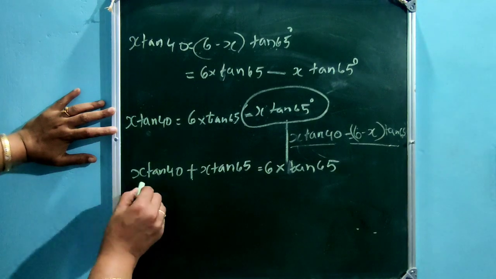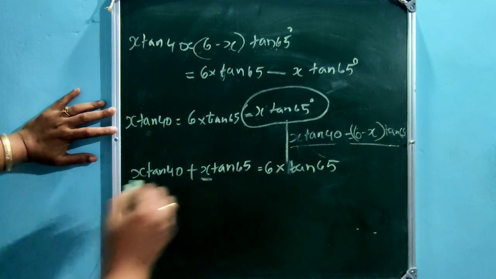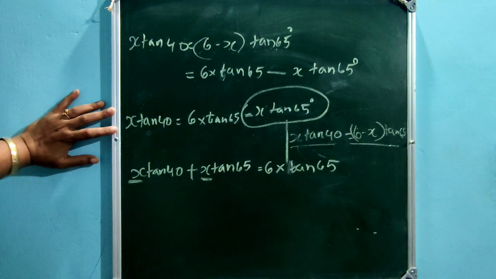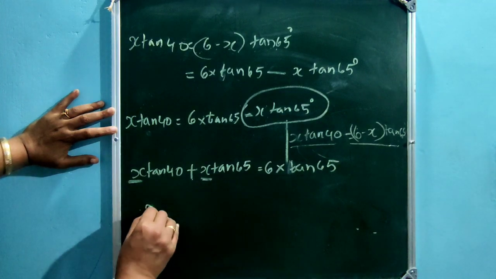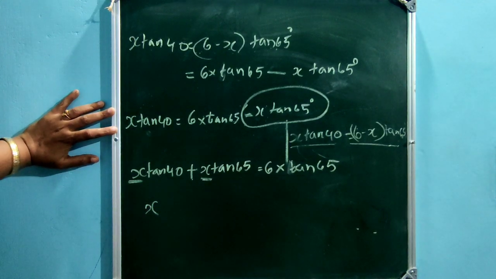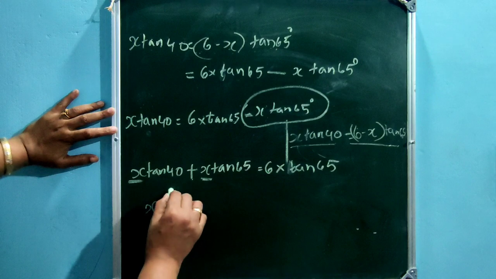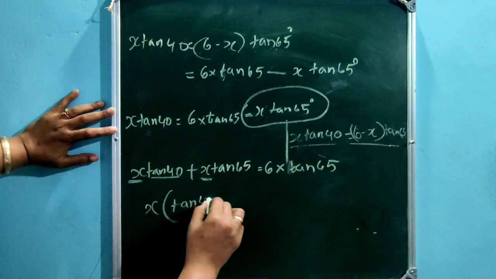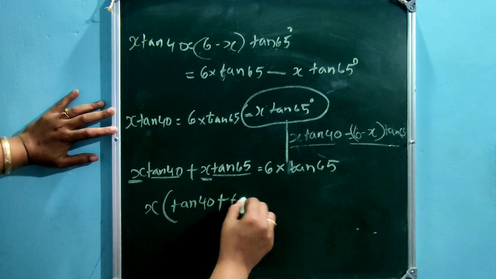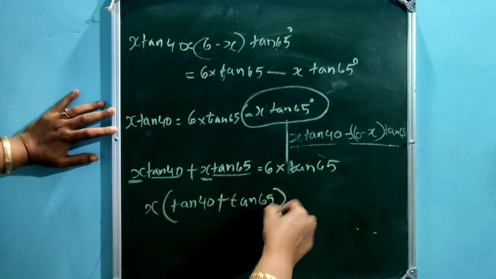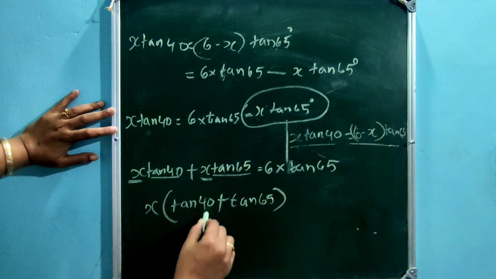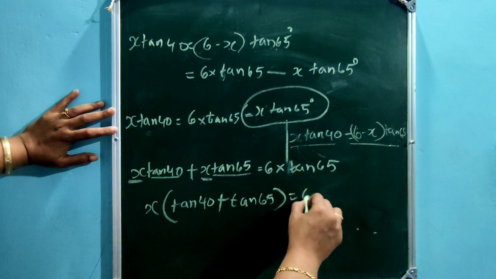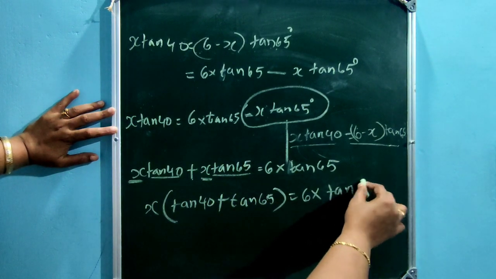Then x is a common factor, so take that common x outside. Inside the bracket we have tan 40 and tan 65. So x into (tan 40 plus tan 65) is equal to 6 into tan 65.